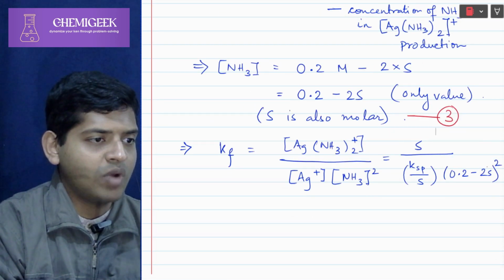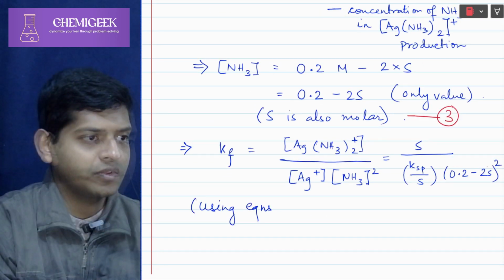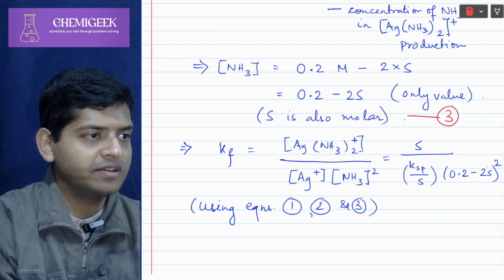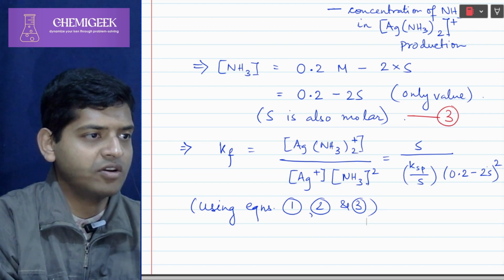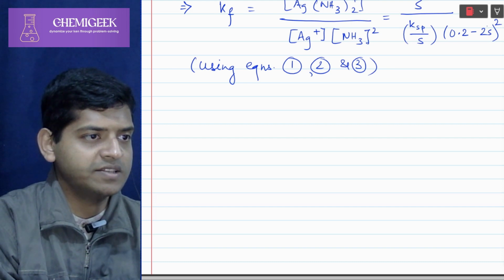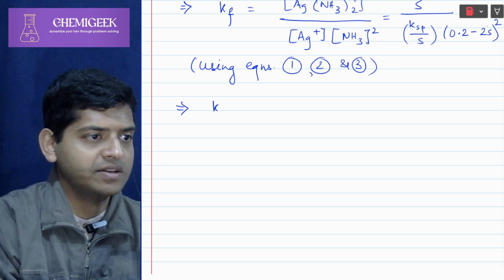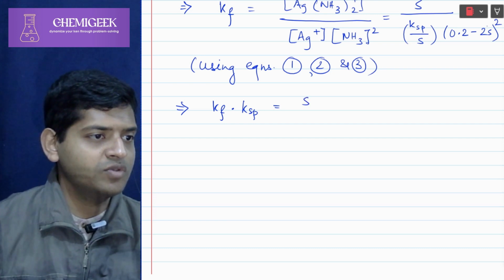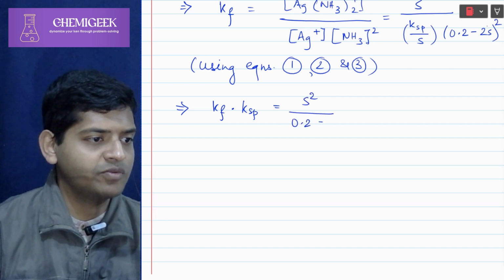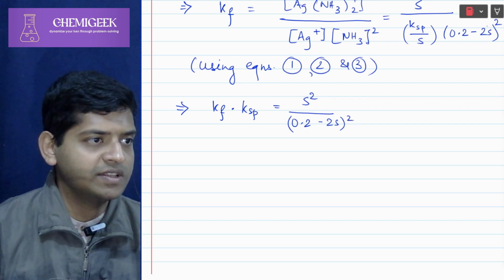Now using equations 1, 2 and 3, we get that the formation constant multiplied by the solubility product is equal to S square divided by (0.2 minus 2S) whole square. So from where are we getting this? We are getting this from this formation constant equation.